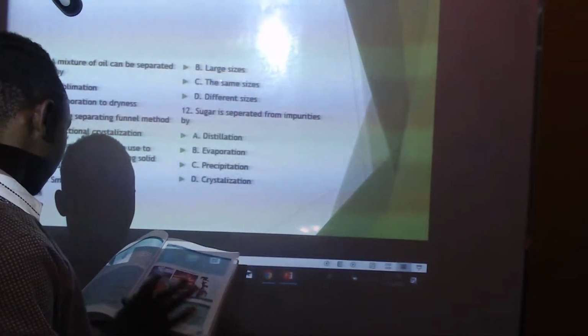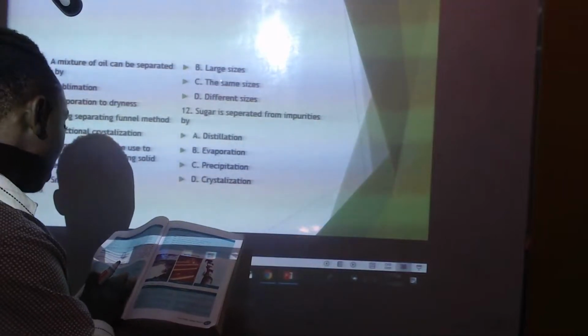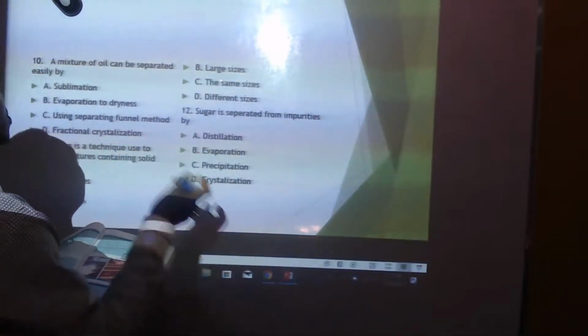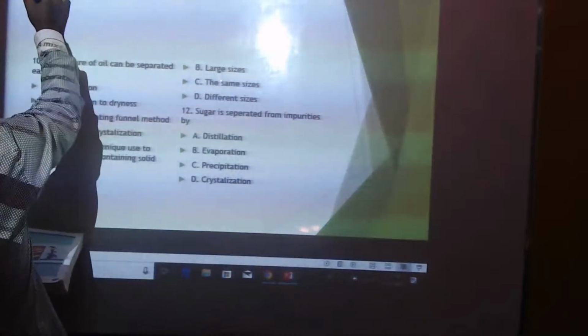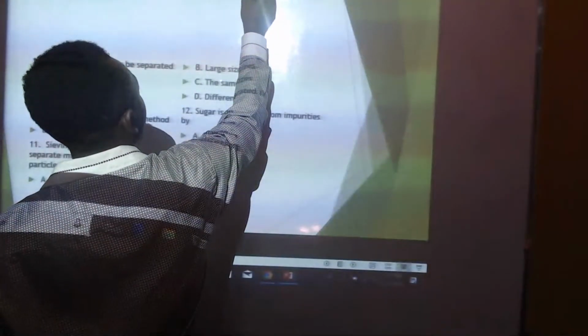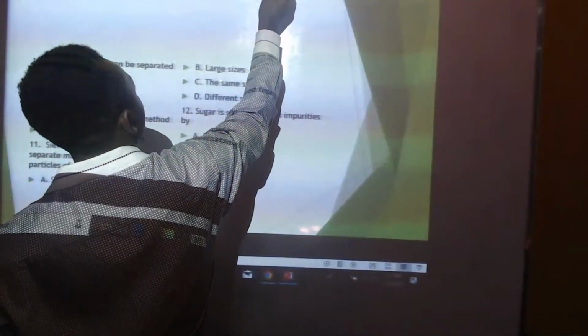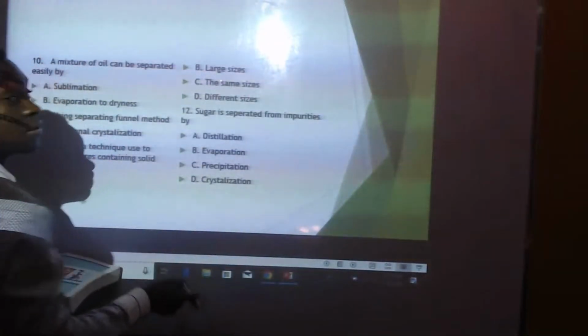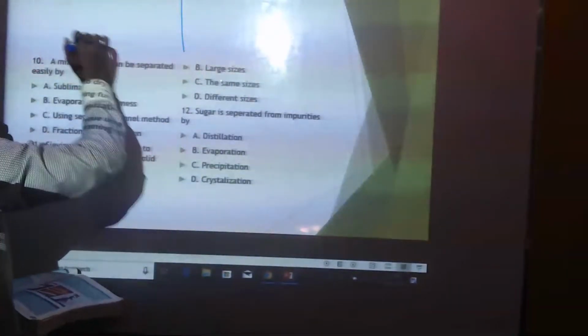Now there are also some things I would like us to look at about compounds and how you write their formula. An example is sand. I remember when I was writing some constituents of mixtures, I mentioned sand, and I wrote all that is inside sand.